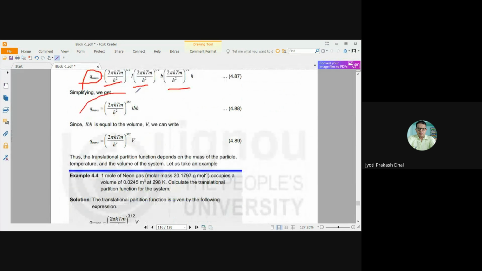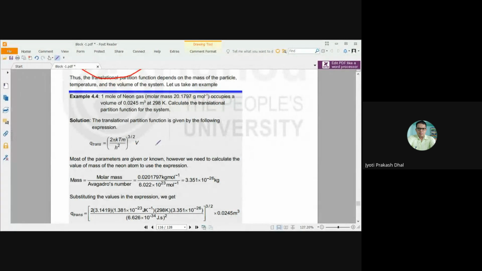Simplifying, we get q trans equals (2 pi kT m divided by h square) to the power 3 by 2 into L B H. Length, breadth, height, the total multiplication gives rise to V. So q trans equals (2 pi kT m divided by h square) to the power 3 by 2 into V.